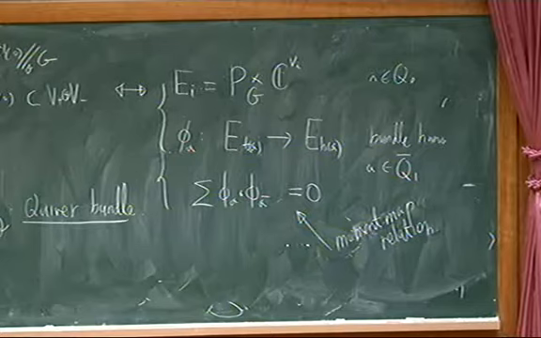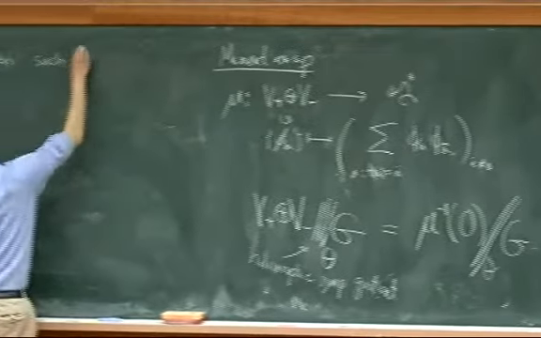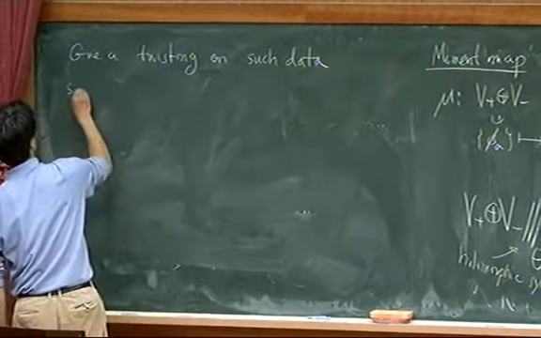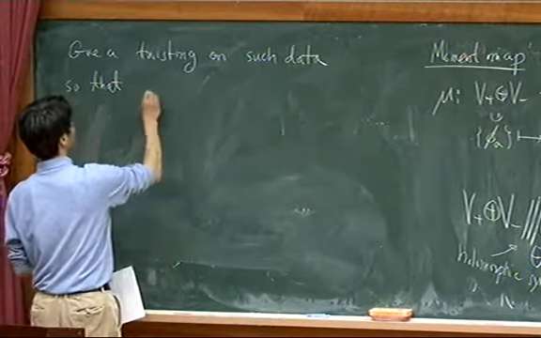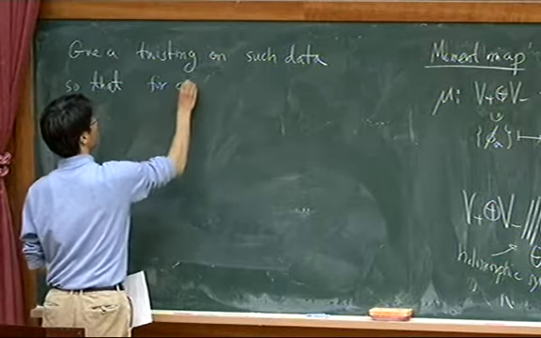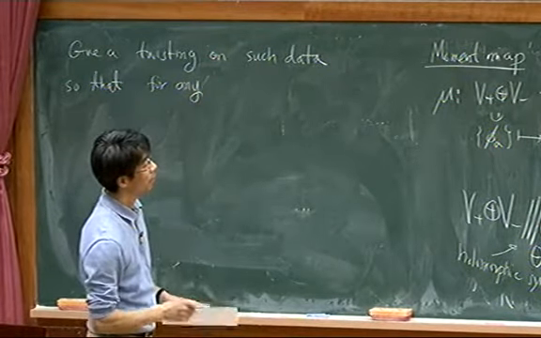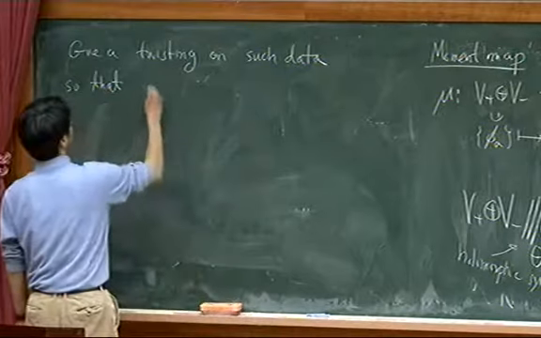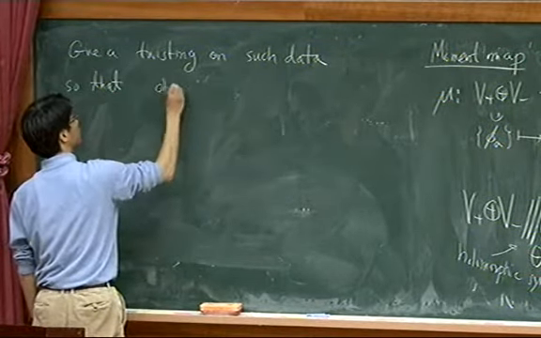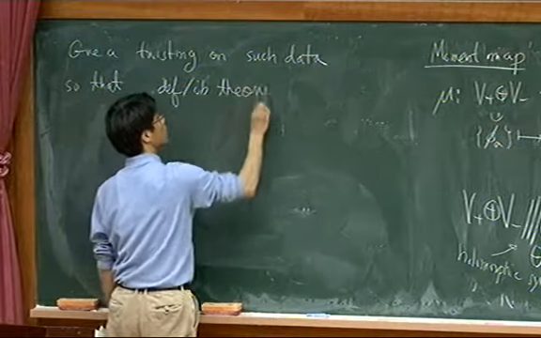So now let me define the following data, given a twisting on such data so that the deformation obstruction theory is symmetric.